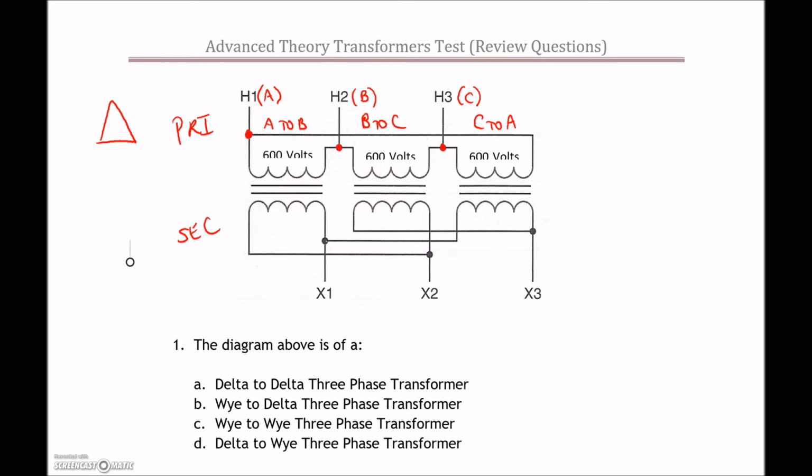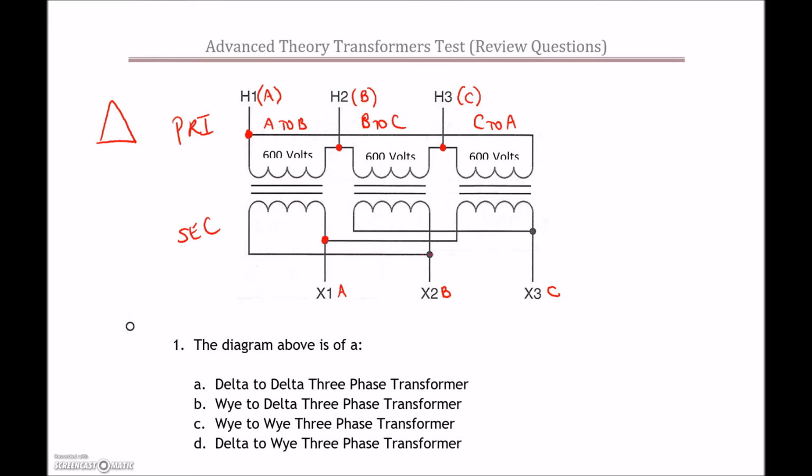Okay, I said open delta, but that doesn't seem to be an option right here. So it's either a Y or a delta. Again, on the secondary, we're looking for everything being tied together at one point for a Y, which doesn't seem to be the case. So let's see if we're going A to B, B to C, and C back to A. We've got this point right here, which is referencing A. This references our B, so A to B for this guy.